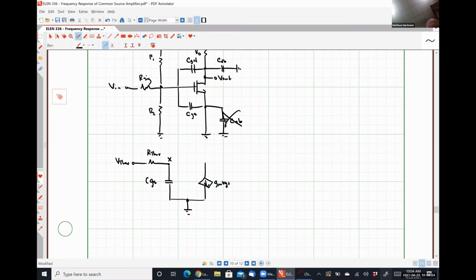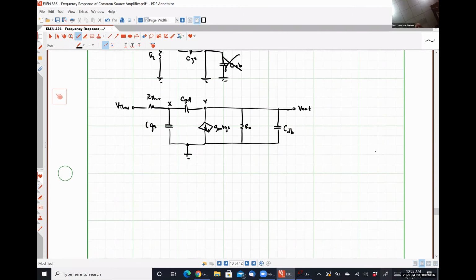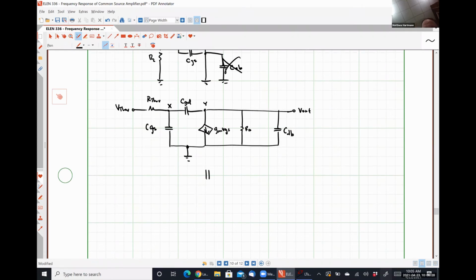GM VGS, RD, CDB. Here's V out. I'm going to call this guy node Y. And I have right now some capacitance between my gate and my drain, right? So if I apply Miller's theorem, I can say that this guy turns into this.